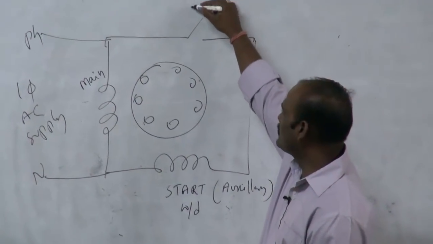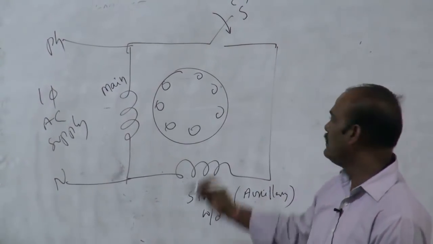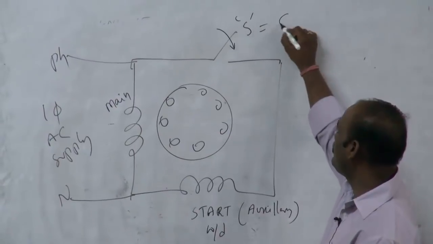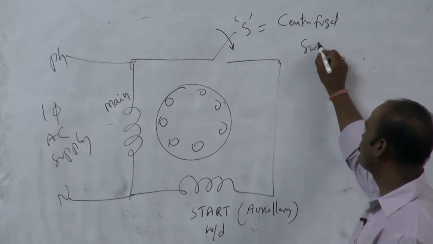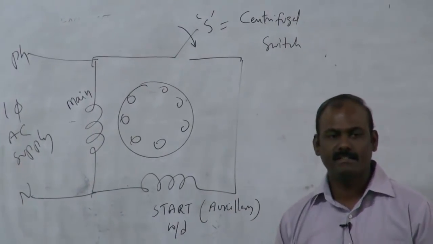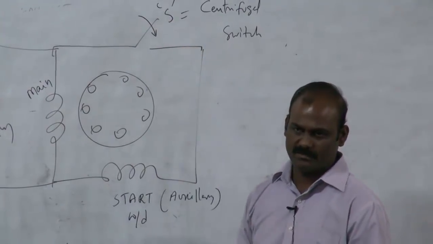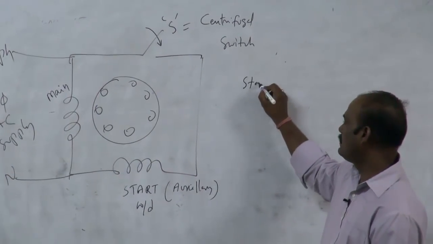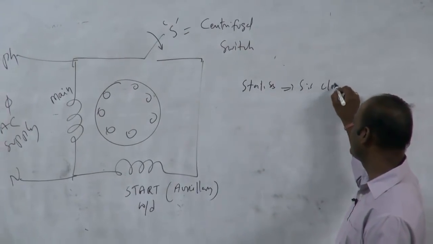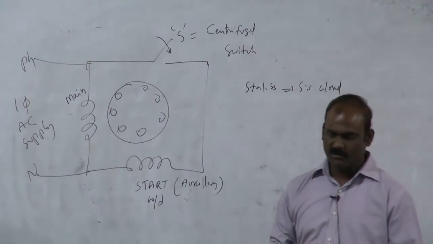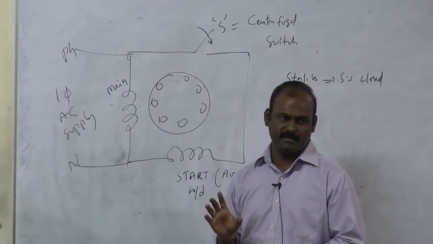See here, one switch is there, switch S, right? So generally this is a centrifugal switch. So at the time of starting this will be closed. At starting S is closed. If you close S, what happens? 2 windings will be in circuit, right?